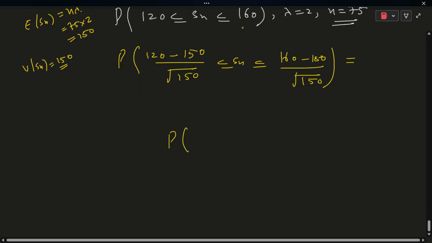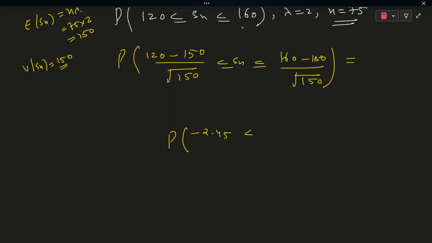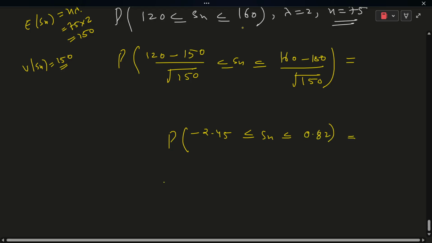probability. यह आप सॉल्व करोगे, यह आएगा -2.45 less than or equal to Sn less than or equal to 0.82, and this will be equal to phi of 0.82 minus phi of minus 2.45.